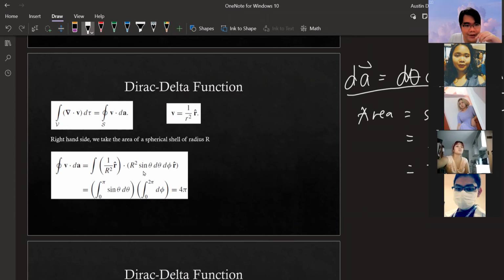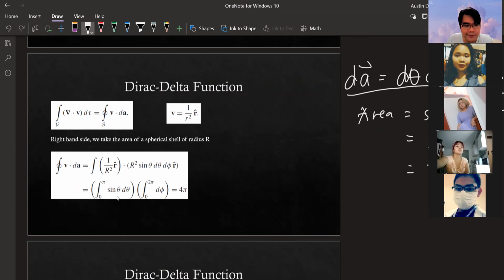Okay? So sin theta, integral nun, d theta, will be negative cosine.